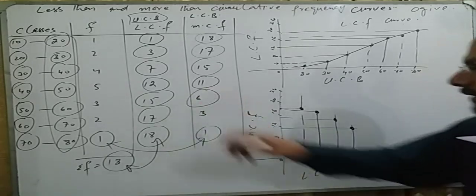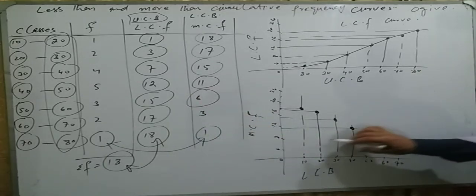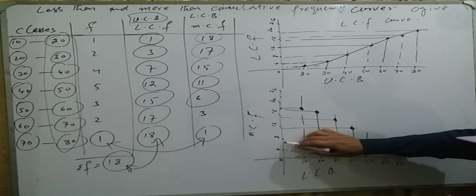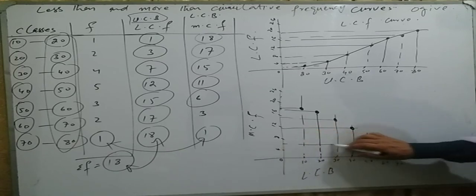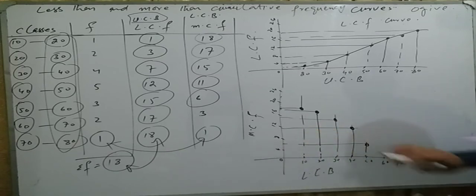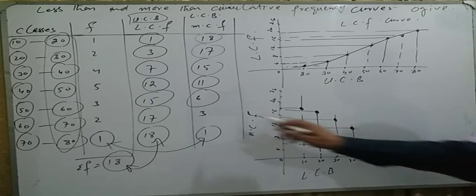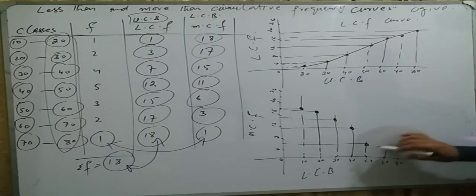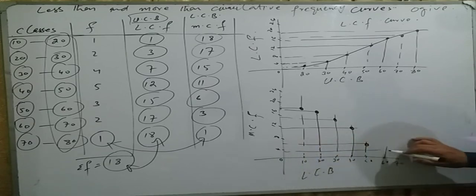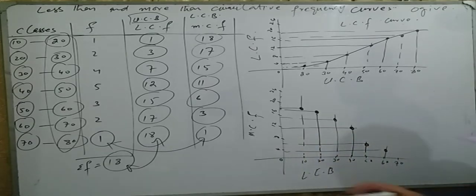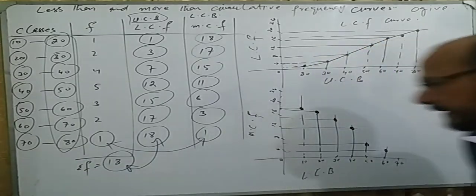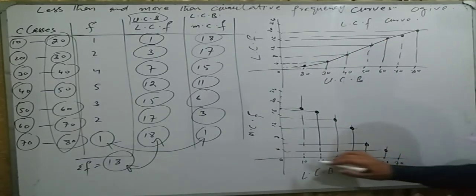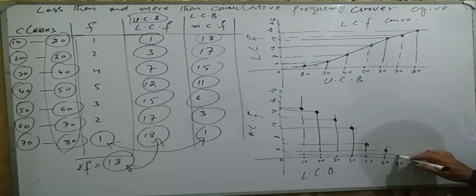Then 6 on 50, just below 8. Then 3 on 60, just below 4. And the last one, 1, corresponds to 70, so 1 is just above 0.